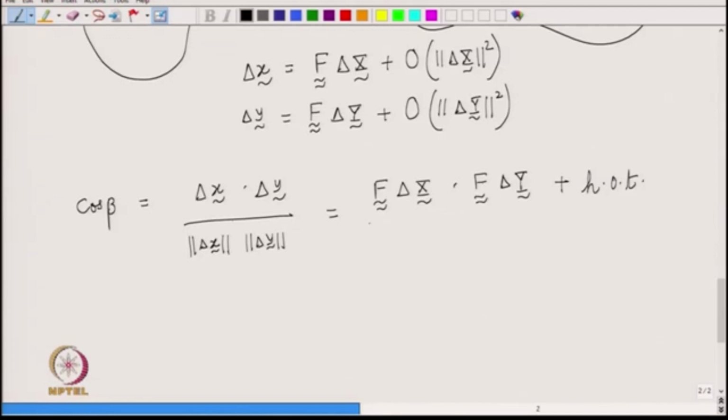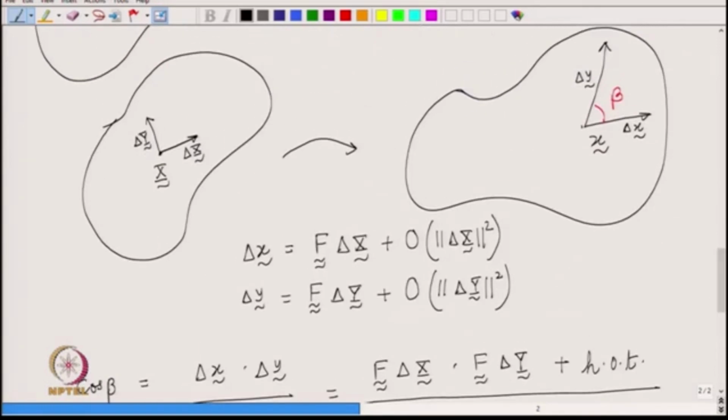And what is in the denominator? We have delta small x magnitude, which is nothing but the stretch of that line element times the original magnitude, and stretch is 1 plus strain. So, we have 1 plus epsilon for the delta big X line.